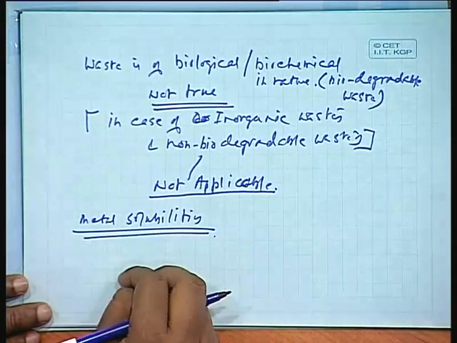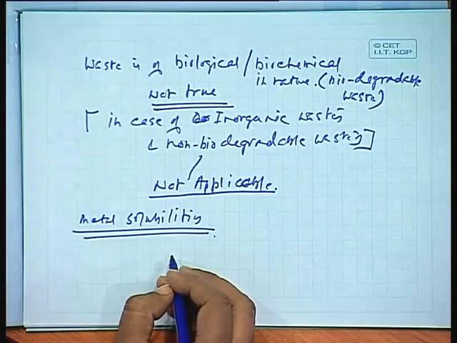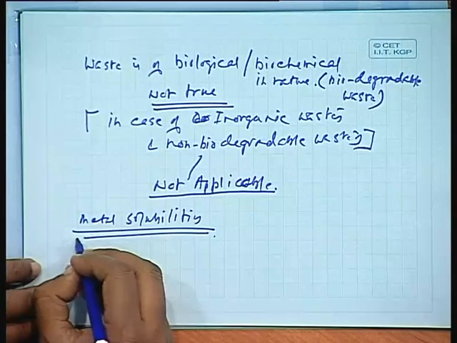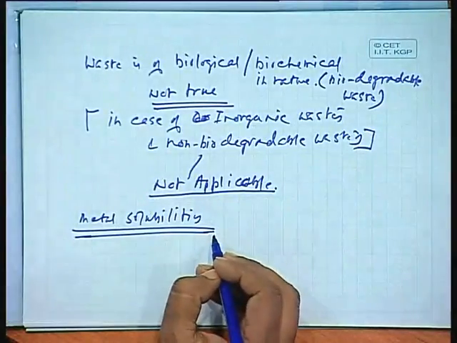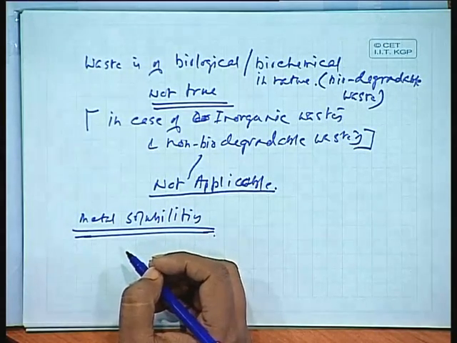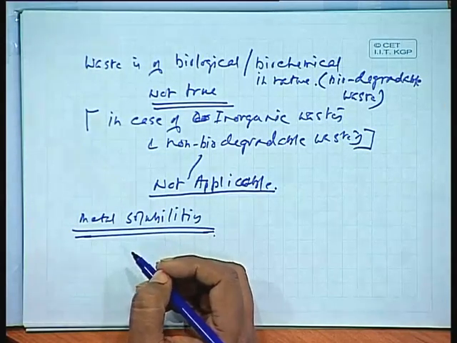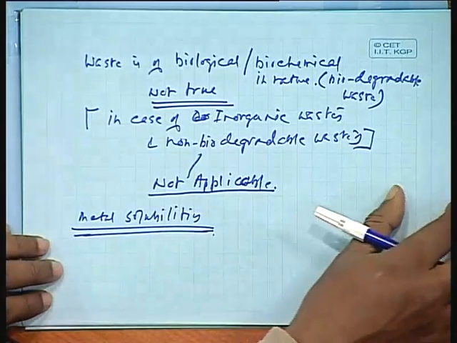These metal solubilities deal with how, under a partial pressure condition in water, one metallic ion gets released in preference to another metallic ion. In many cases the speciations become different. Let me give you a simple example where we could observe these metal solubilities.